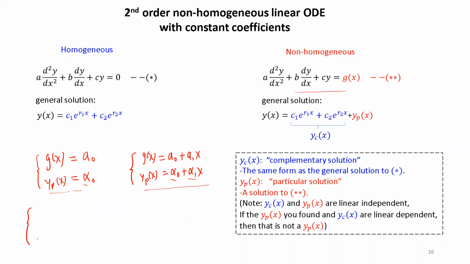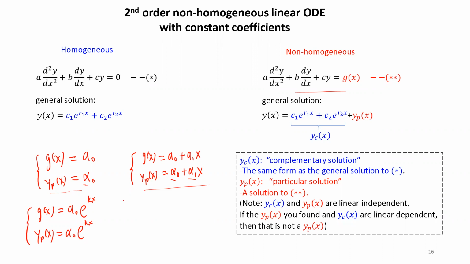More types that you'll see: for example, if g(x) is a naught e to the kx, then your trial solution would be this one. You can see that the solution that you are going to try in these cases is basically exactly the same as the form of g(x) itself.